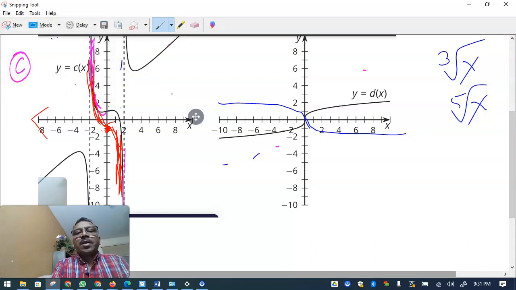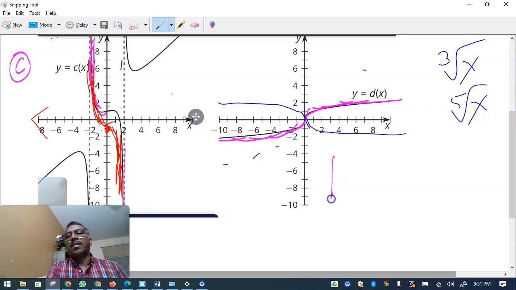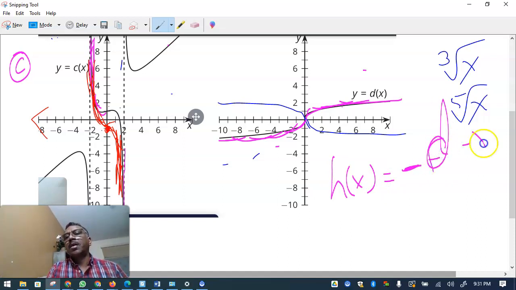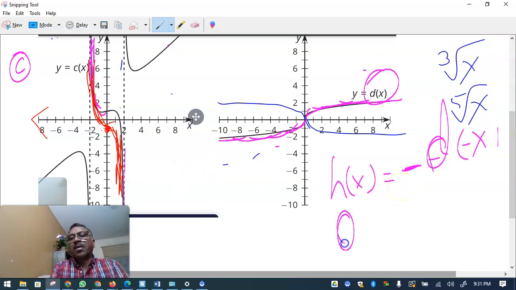When you do this, the blue graph reflects this way and exactly matches the red one, and you're done. So the new graph will be h(x) = -f(-x). In this case, it is f(x). So now you know that's the odd function.